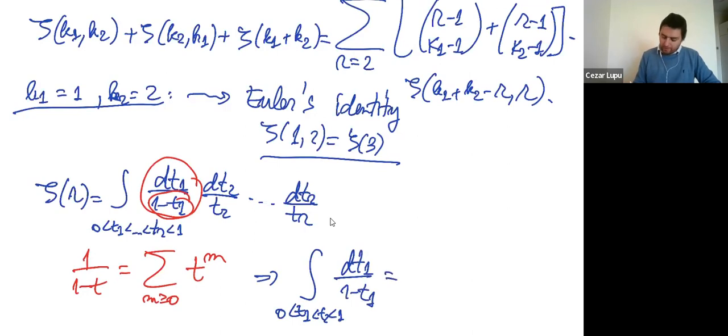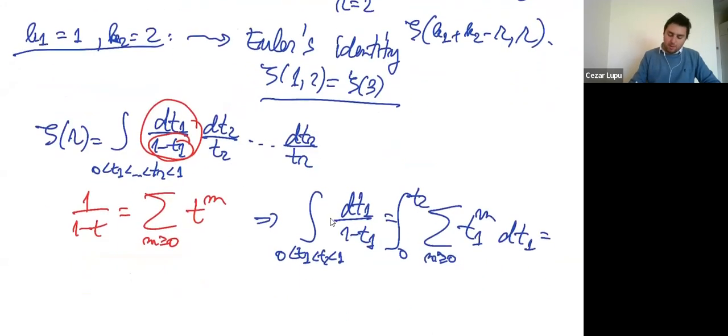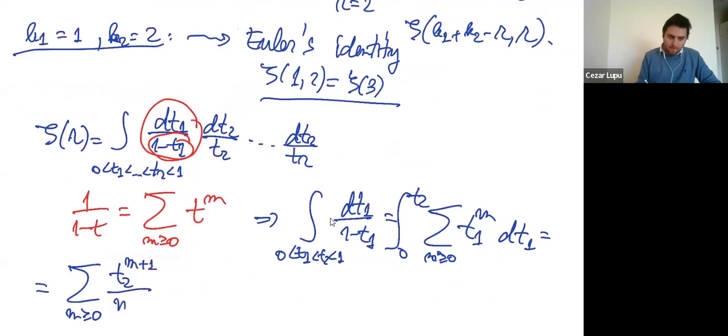So this is the integral, pay attention, because it's the iterated integral here, from 0 to t2 of the sum of t1 to the m, dt1. So this would be nothing else than just the sum of t2 to the power m plus 1 over m plus 1.